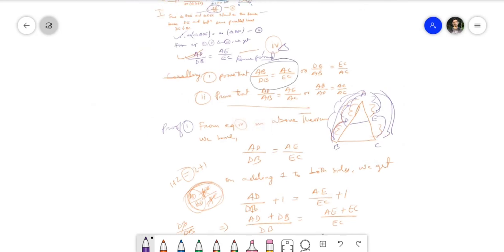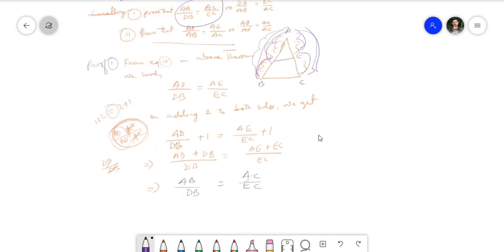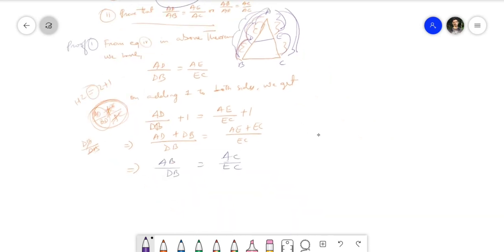Okay, so we can write the same thing, or we can just say DB opposite of this one. Because we can take the reciprocal of it, if we change the position of this one, it will be the same. Okay, DB by AB is equal to EC by AC. I hope you have understood this one, that we can prove that one also.